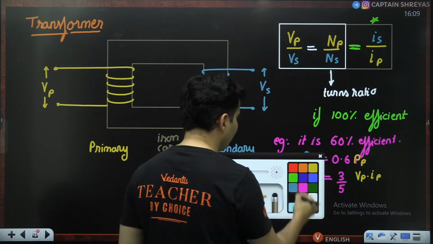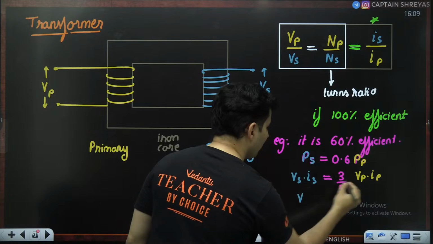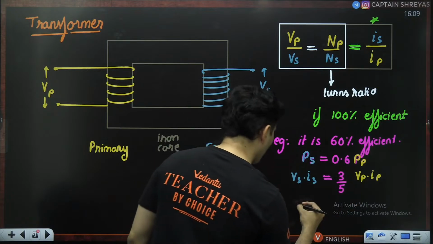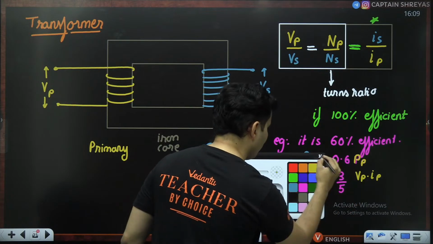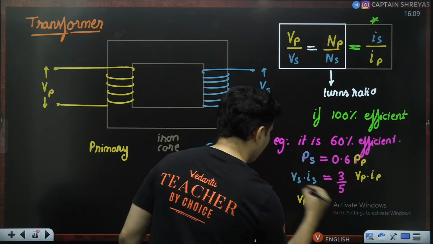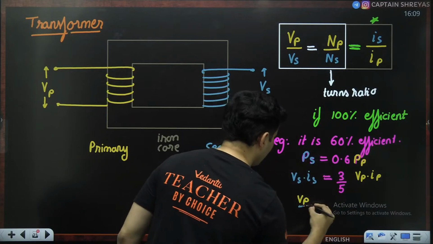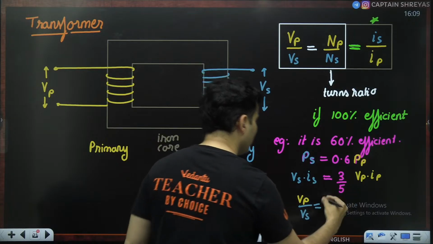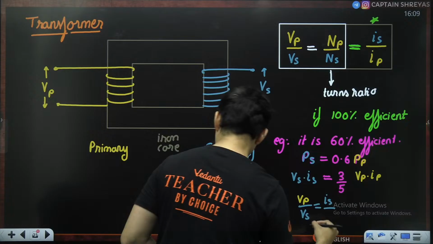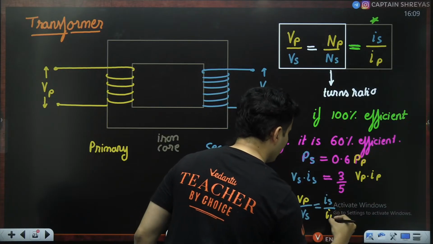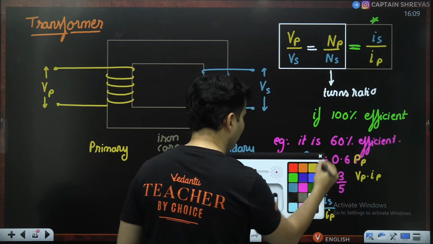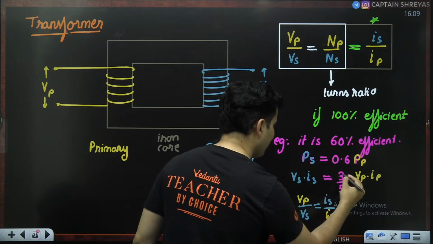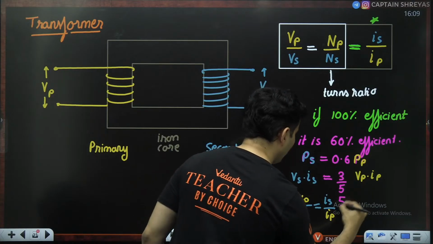So rearranging it further, can you see if I put this properly? I want Vp on the top, and I will take Vs below it. What do I get? Vs below it, I will have Is on the top and Ip over here. But there is this number, 5 by 3.